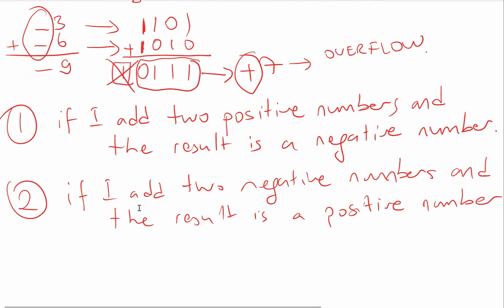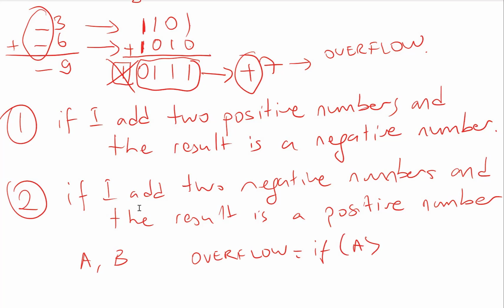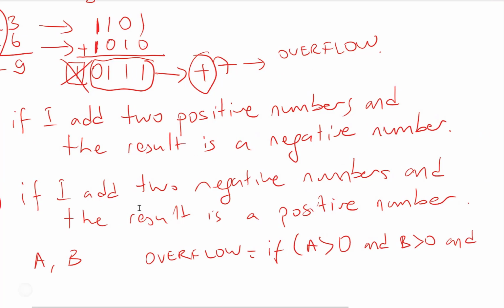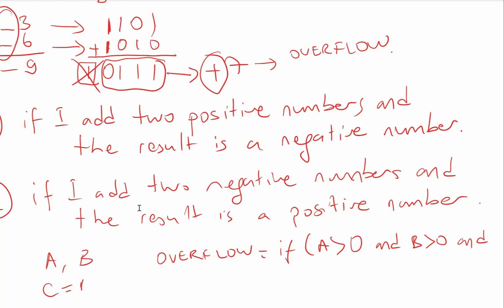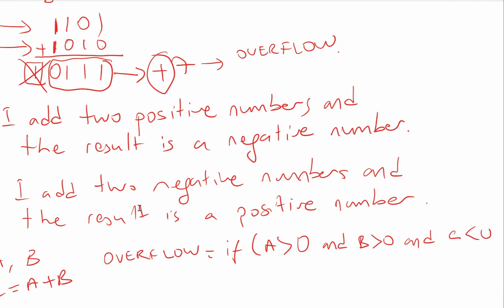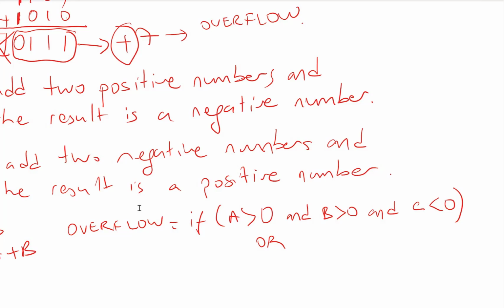So later on we will be writing the Boolean function for this overflow condition. So for example, if my numbers are A and B, the overflow can be written like this. If A is bigger than 0 and B is bigger than 0 and my sum C is A plus B and C is less than 0, or the other condition is A is less than 0 and B is less than 0 and C is bigger than 0.